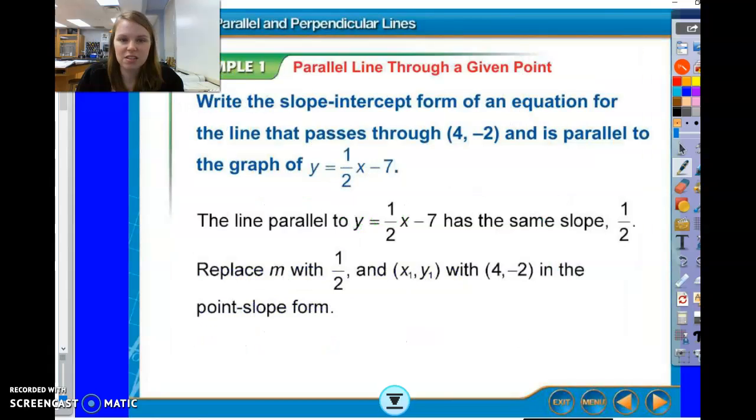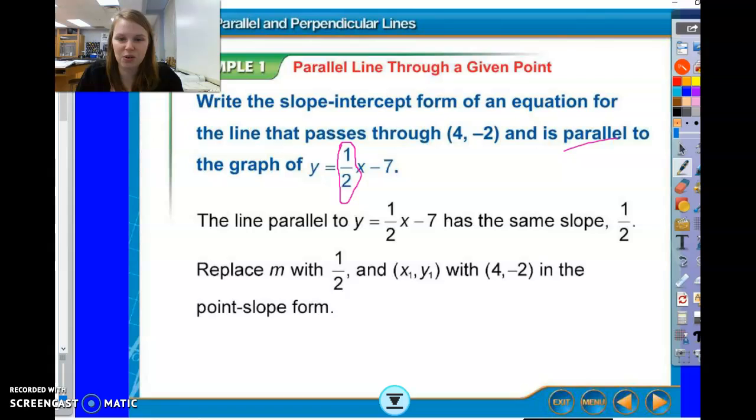Okay, so let's look at an example. This says write the slope-intercept form of an equation for a line that passes through this point and is parallel to this. They're telling you here's a point, and they're telling you it's parallel, which means this is your slope. Do what you already know how to do with point-slope form, or you can use slope-intercept form. You've got all kinds of tools in your algebra toolbox.